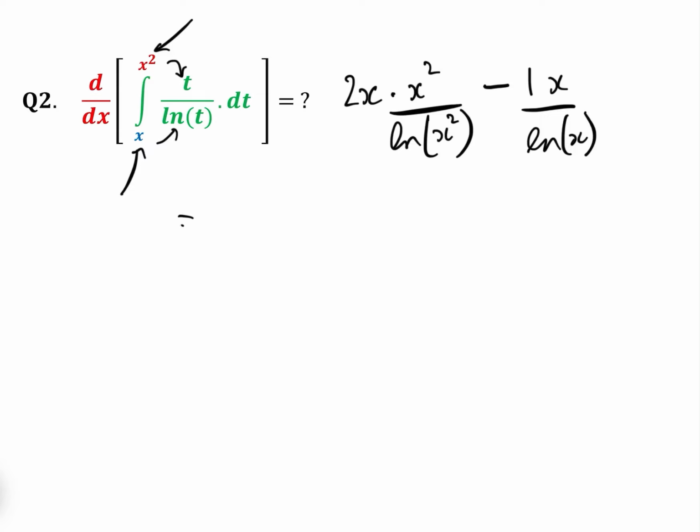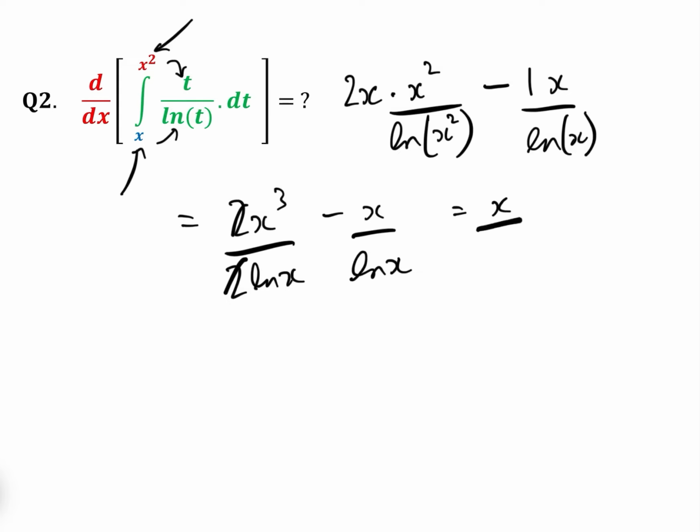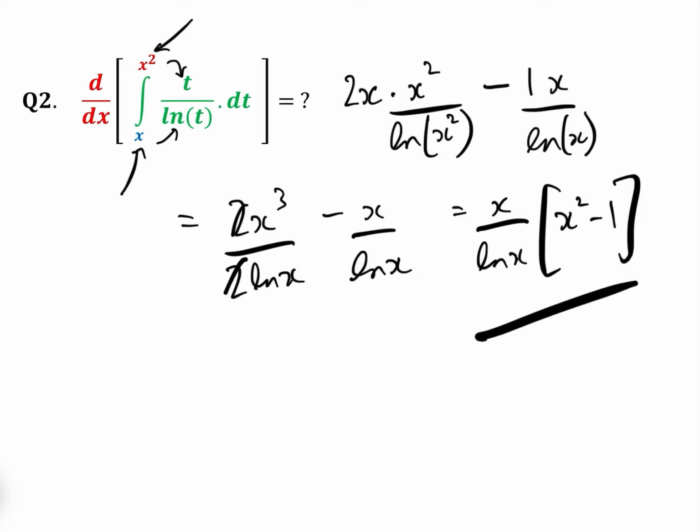All we have to do now is simplify this. That'll be 2x cubed over 2 log x minus x over log x, and the 2 cancels out, which equals x over log x times x squared minus 1. And that's the answer to that one.